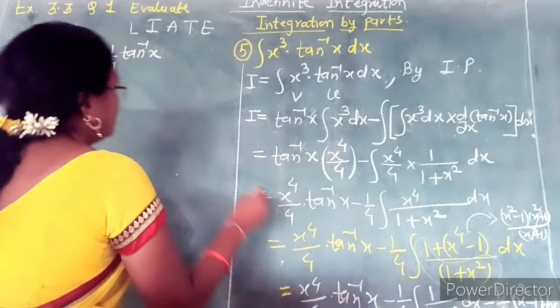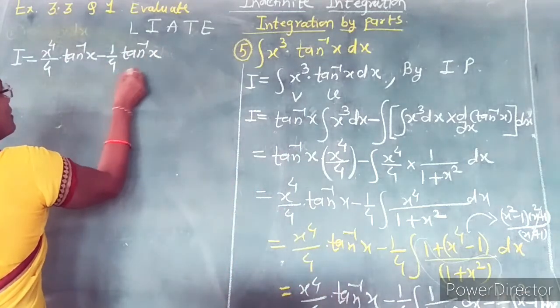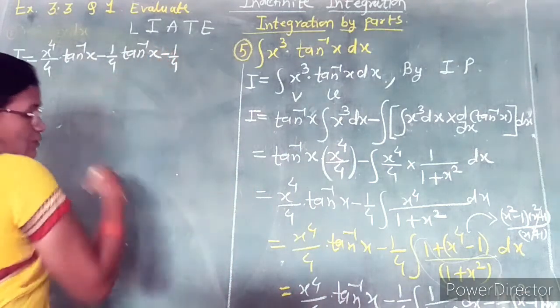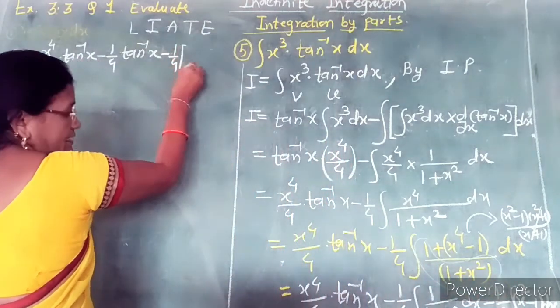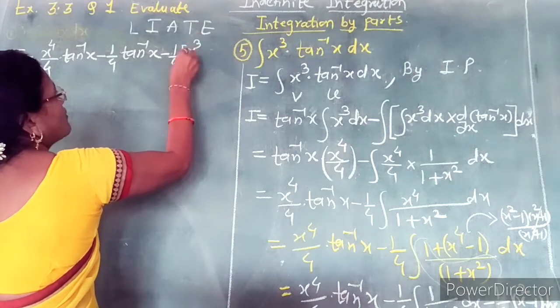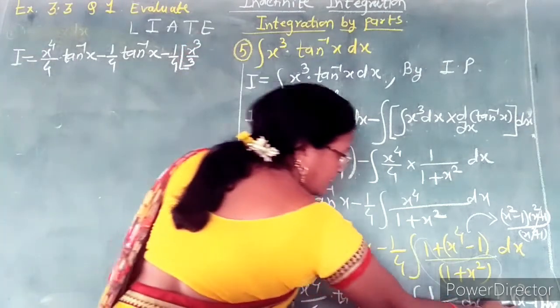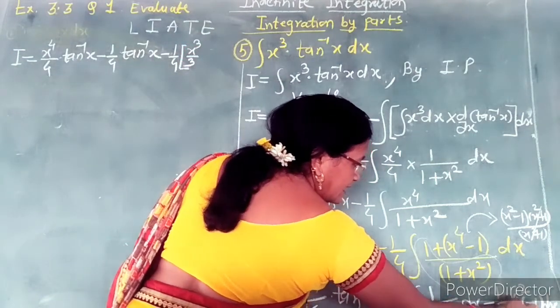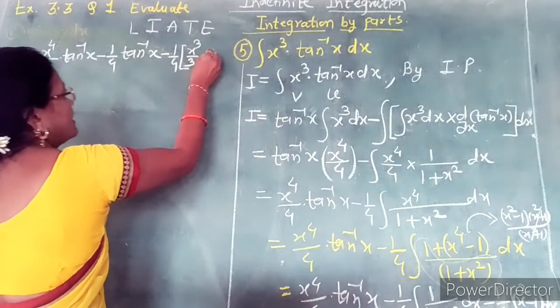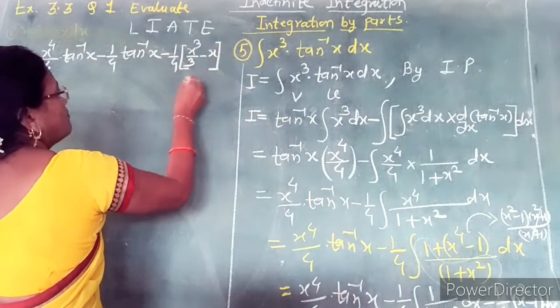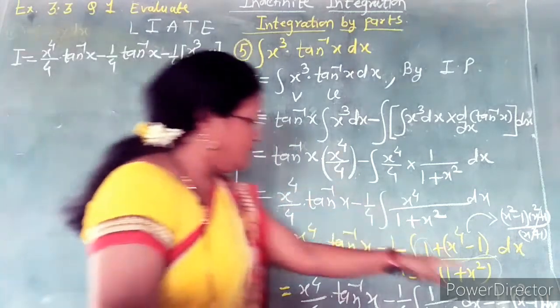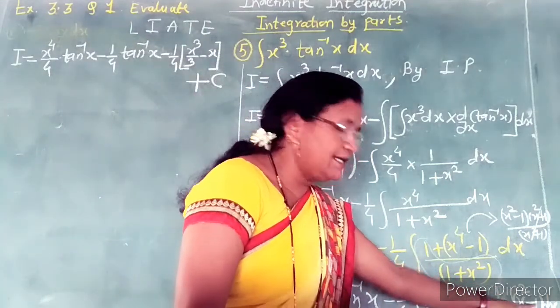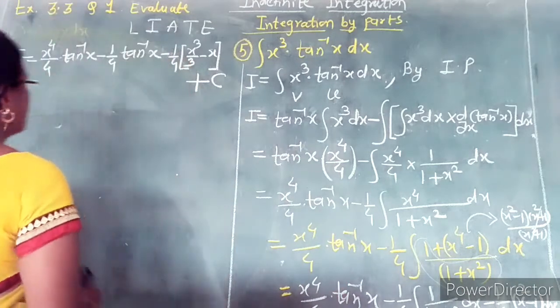Now for the second, minus 1 by 4 is a constant, and we find the integral of x square, that is x cube upon 3, and the integral of minus 1, that is minus x, plus the constant of integration. The integral of x square is x cube upon 3, the integral of 1 is x.